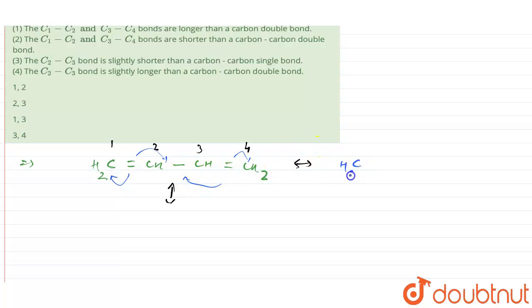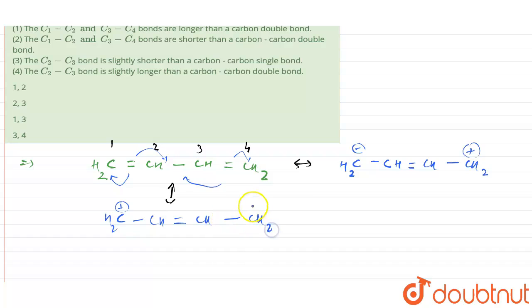The first one would be CH2 getting a negative charge, CH double bond CH single bond CH2 with a positive charge. Another will be CH2 with a positive charge, single bond, CH double bond CH, CH2 negative. These are the 2 resonance structures.